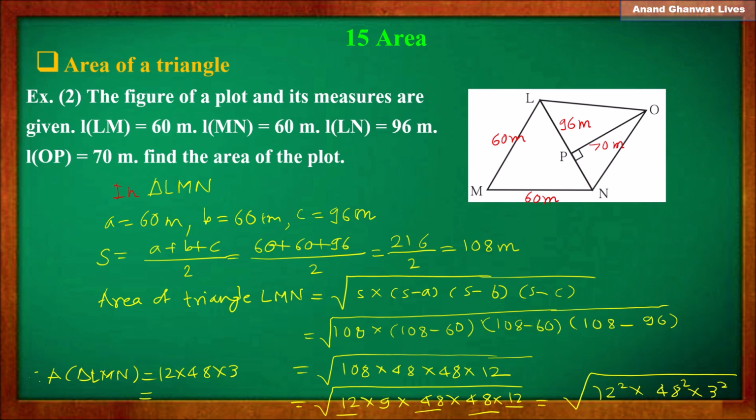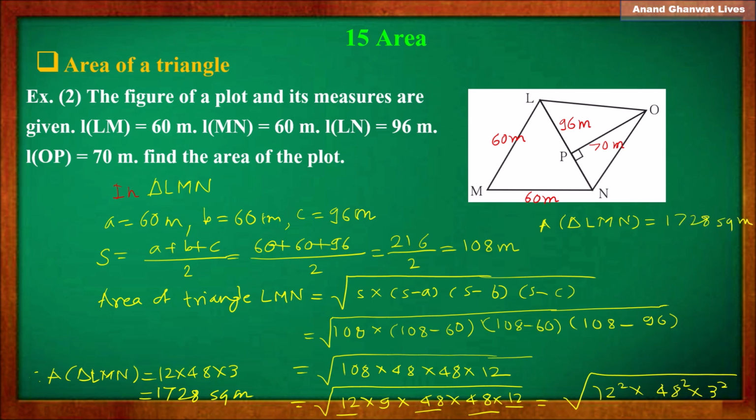Now do the multiplication and calculate the answer. Answer is 1728 square meters. So area of triangle LMN is now here 1728 square meters.